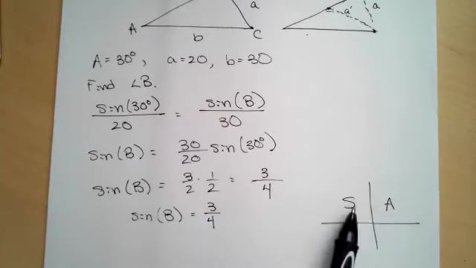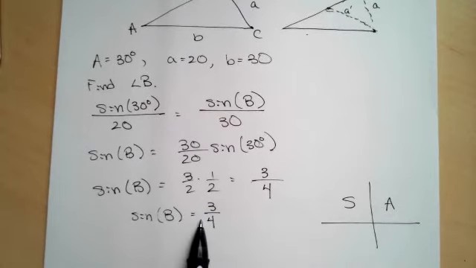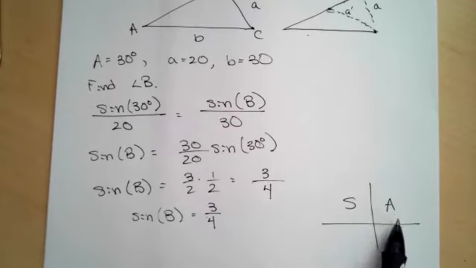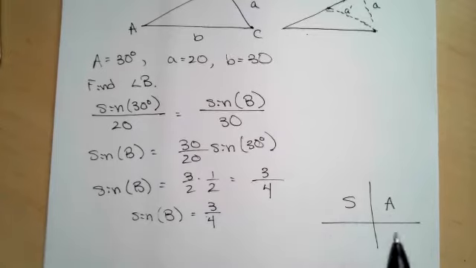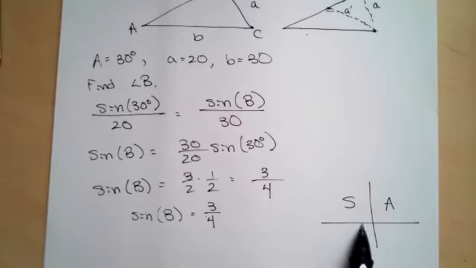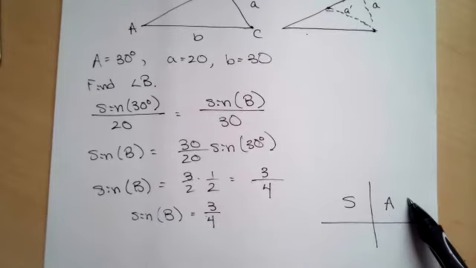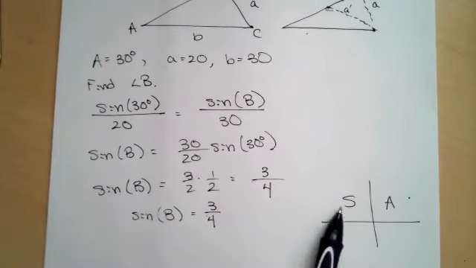If we're given a positive sine ratio, then an angle can correspond to any angle within those two quadrants. And since we're using real world triangles, any of these angles are valid between 0 and 180 degrees, which is why we're going to end up with two solutions, one with a first quadrant angle and another one with a second quadrant angle.